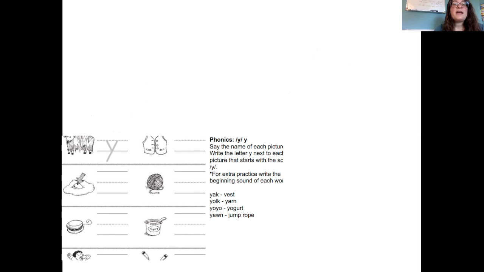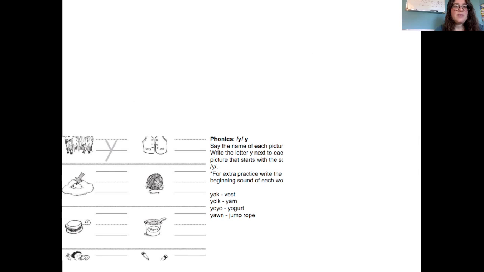So here's a Y here for Jack. They did a little line and a big line. And you'll see the big line is a little bit slanted, as is this little line here. And when you're writing a lowercase y, you want to make that big line go way down past this line here.